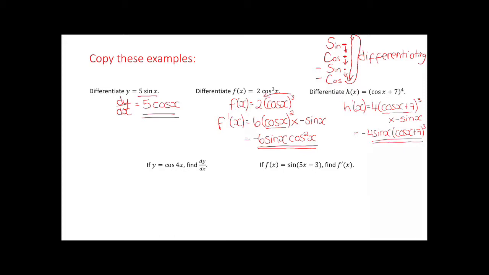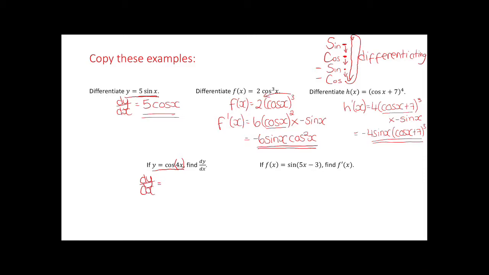This next one is new again. If you compare y equals cos 4x to this first example of y equals 5 sine x, notice that your number is in a different place. So this one has to be treated a little bit differently, and the way that we treat that differently is by putting brackets round this 4x. So again, this is going to be part of your chain rule. When we're differentiating this one, we've got dy by dx.